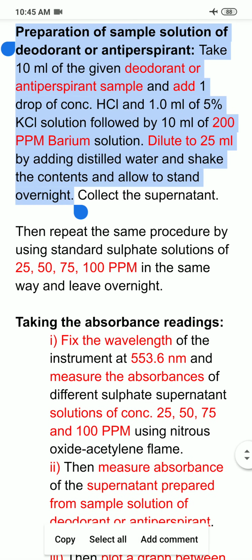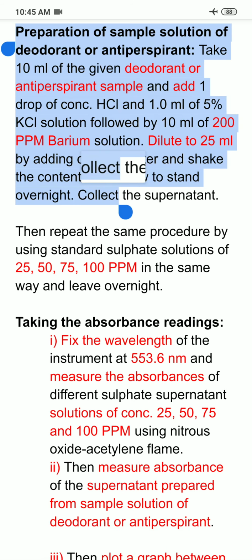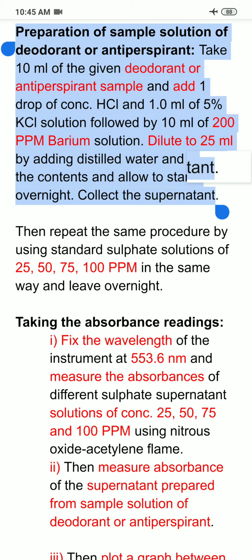overnight. Why? Because when we add barium chloride to the sample containing sulphate, sulphate will be precipitated as barium sulphate. So to settle the precipitates of barium sulphate, we will keep it overnight, and then after keeping it overnight, we will collect the supernatant.